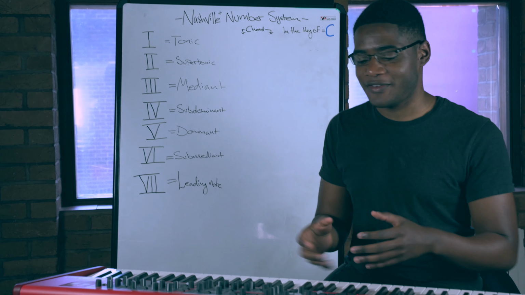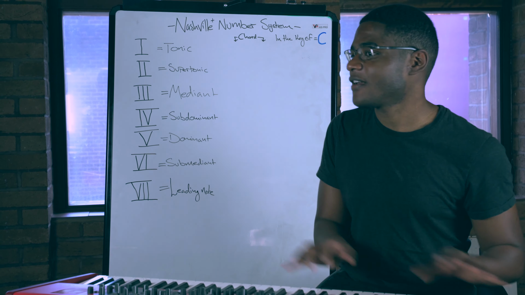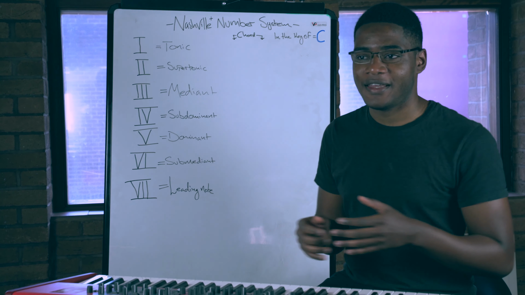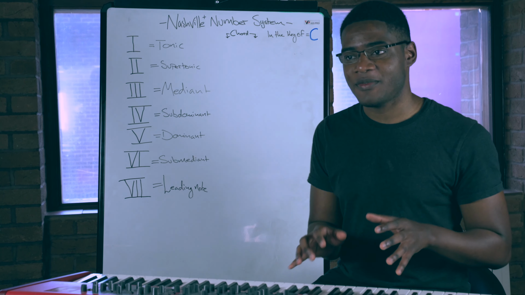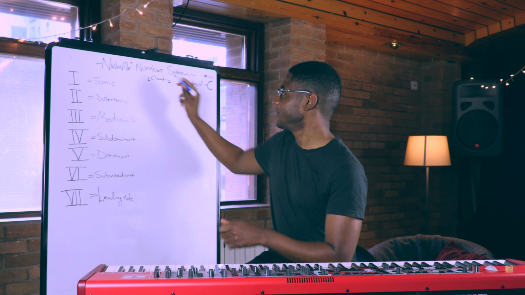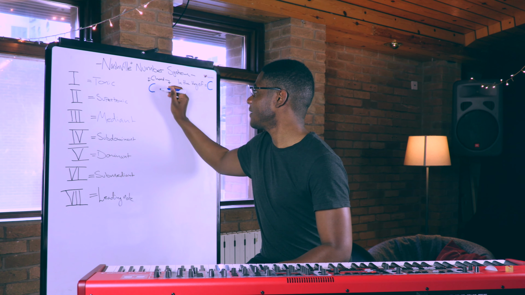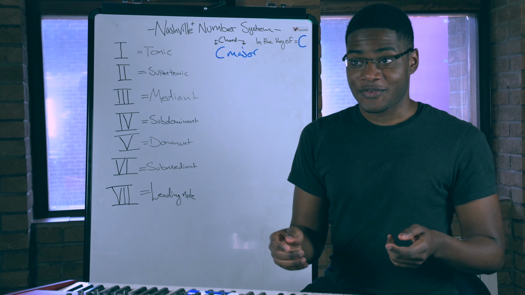That's our home chord, where the tonal center of the key of C rests, and in music theory we call that the tonic. So that's the name of chord 1. In the key of C, that chord is C major.